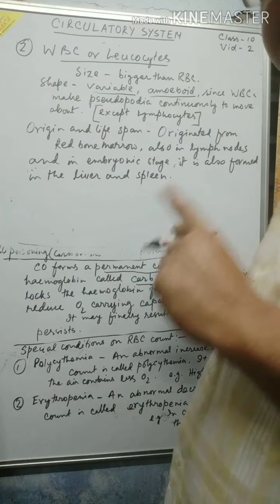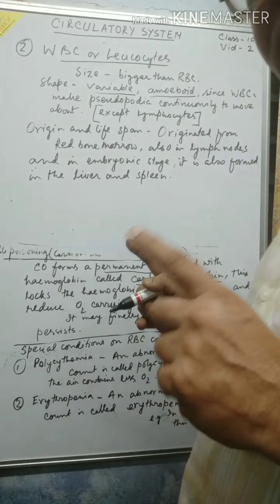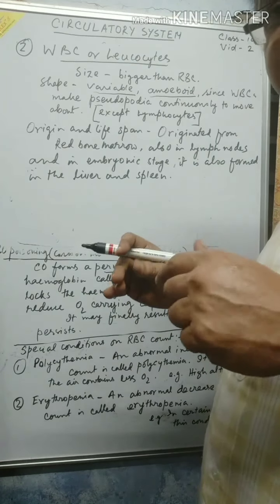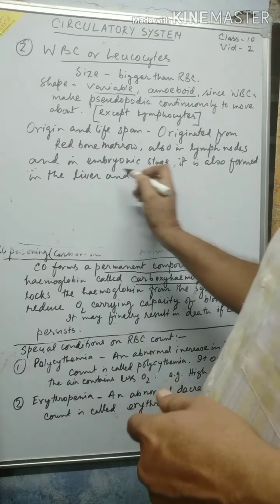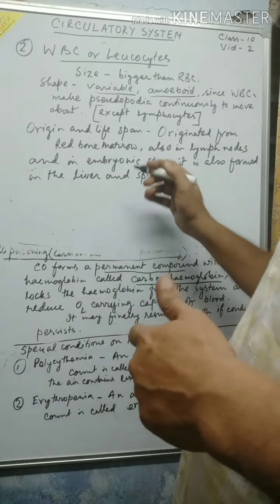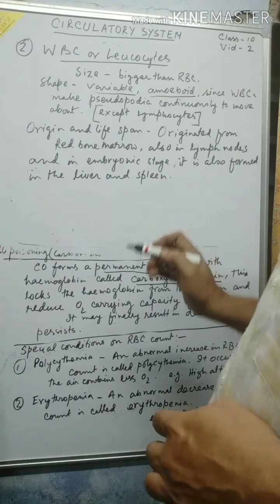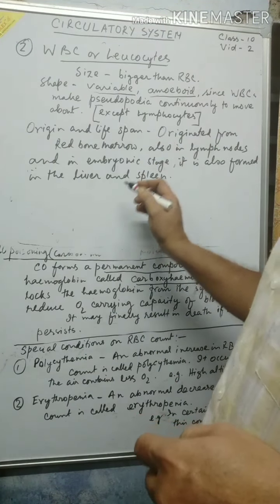But that is very special only for the human embryo when it is in the mother's womb. At other times it is red bone marrow. This is origin and lifespan.